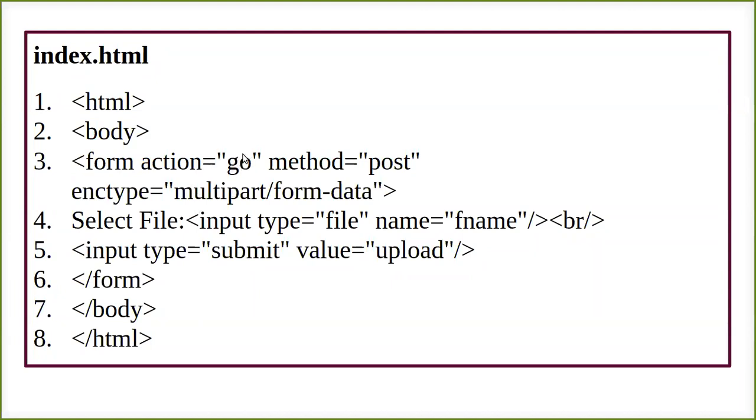Just now we have seen the file name I have given, that is your upload servlet, and the method I told you we must use, that is the post method. And one more attribute which you are going to add, that is your encryption type, and you have to define multipart/form-data.